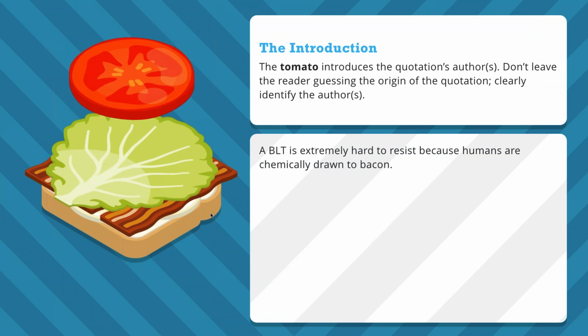The slides here specifically say quote, but you can use this same method to introduce a paraphrase of something that you learned from research, which, as you'll recall from last week, when you paraphrase, you take something you learned from research and put it into your own words. Or you can use this method to introduce a summary of something that you learned from research.